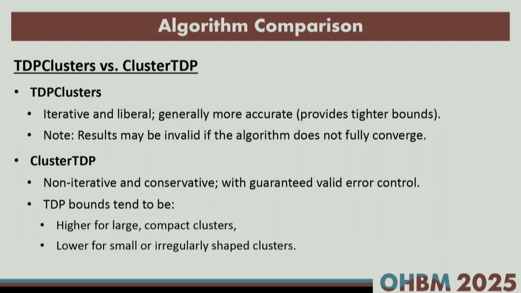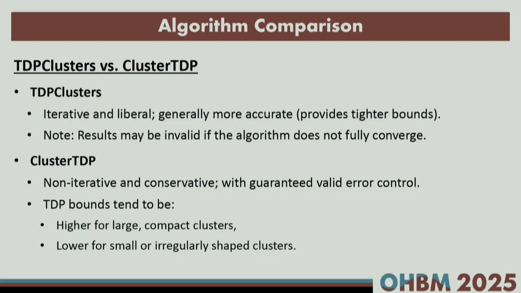Comparing these two algorithms, for cluster TDP, we try to approach the optimal solution of the K-separator problem from the lower direction, so it tends to give you more conservative results or more conservative TDP estimates, while for TDP clusters, it tends to approach the optimal solution of the K-separator problem from the upper direction.